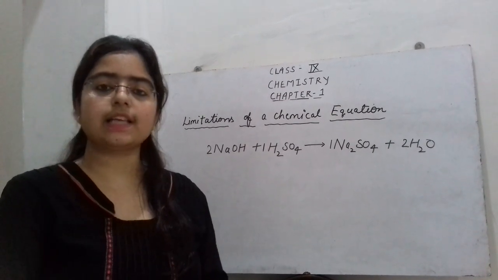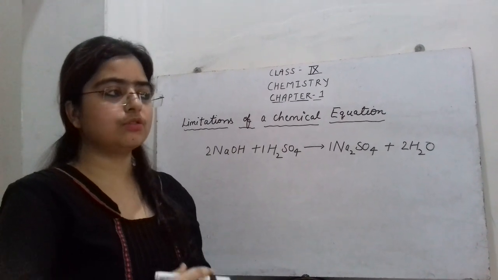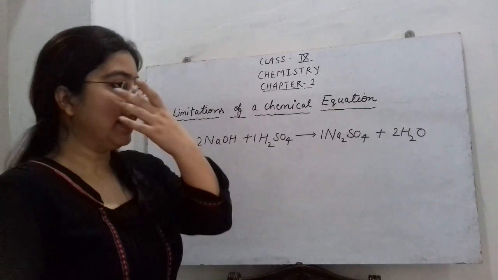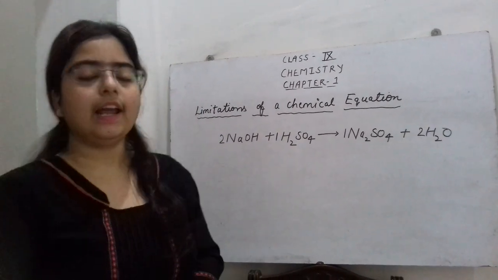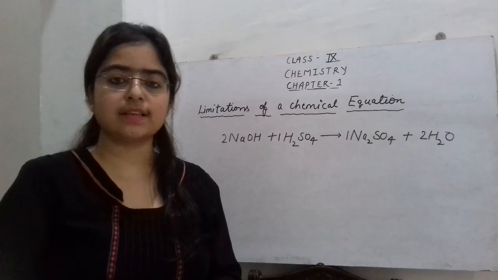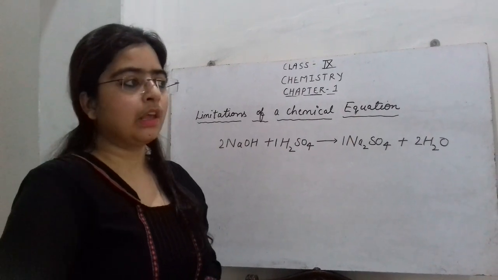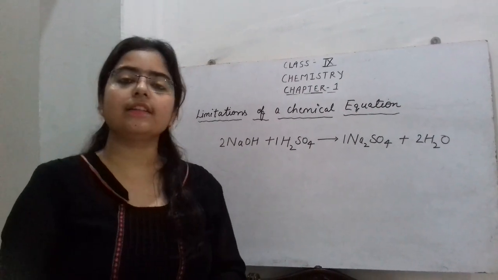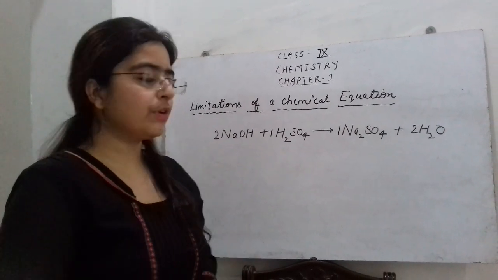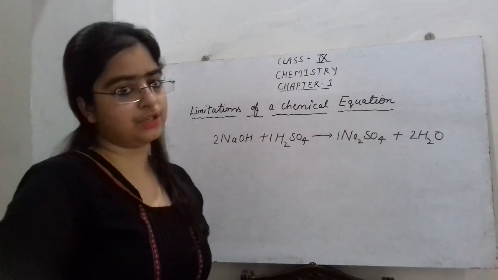We do not come to know that from a chemical equation. Also, a chemical equation does not tell us about the rate at which the reaction is proceeding. And we cannot say whether the reaction is reversible or irreversible. So in this way there are certain limitations of chemical equations.